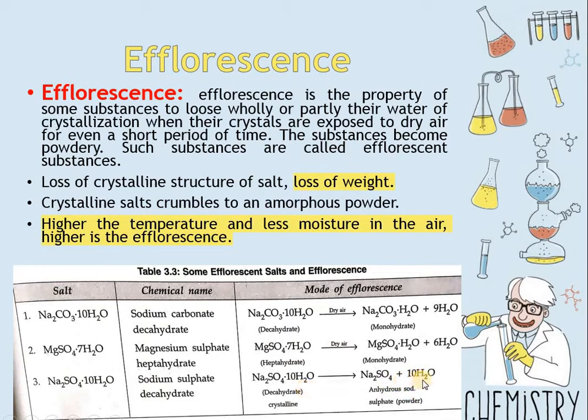All water molecules will go off. In case of Epsom salt, MgSO4 heptahydrate, it gives MgSO4 monohydrate. So the higher the temperature of the air, the higher is the efflorescence. Why? Because the air absorbs more water with rising temperature and decreasing moisture.